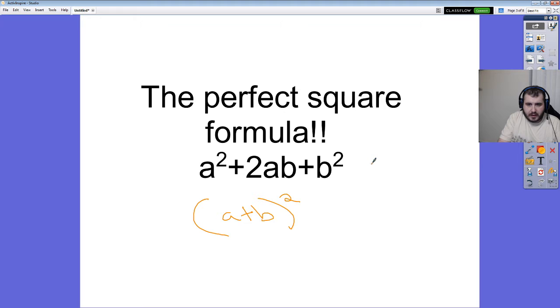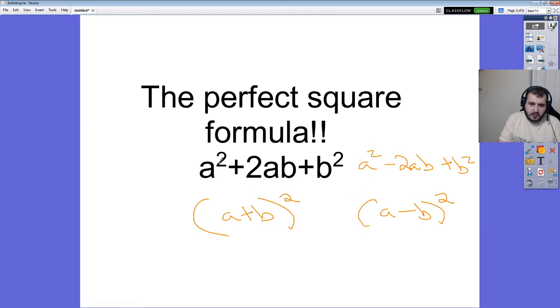Or if it's a squared minus 2ab plus b squared, you can have a minus b, the quantity squared, and you can use the same idea for both.